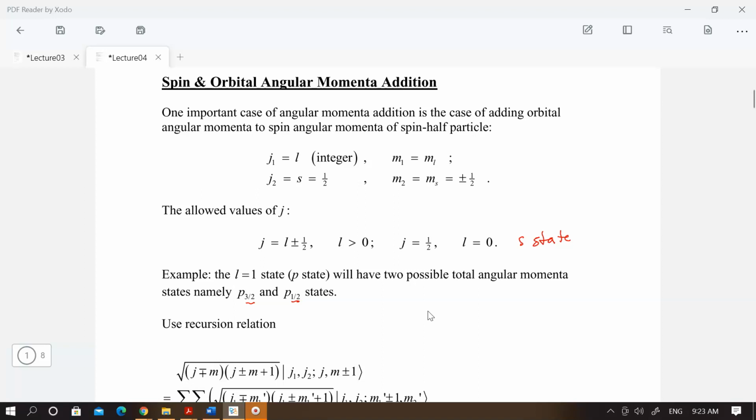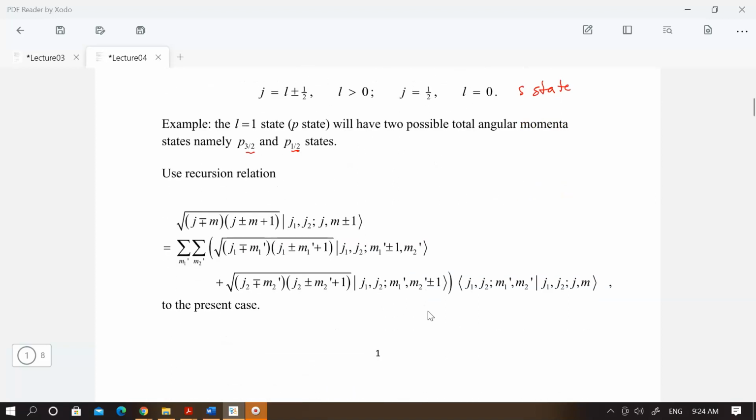So let's try to see what kind of Clebsch-Gordan coefficients they can actually have in this particular case. From the step up and step down ladder operators, you can actually have the following.